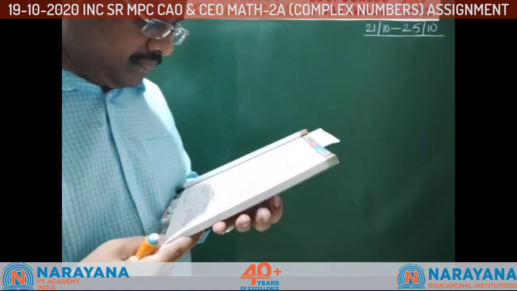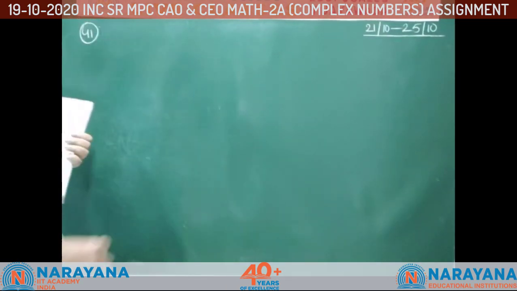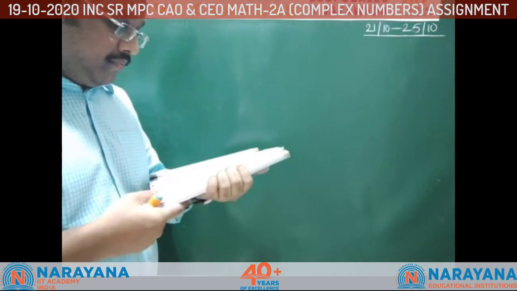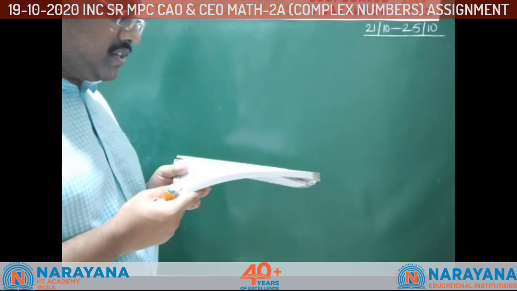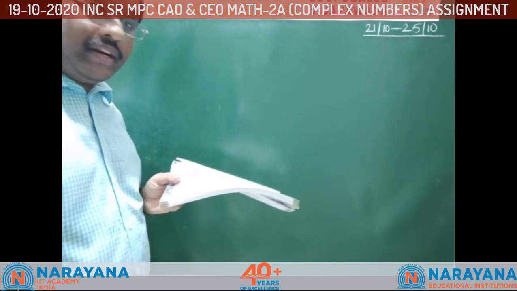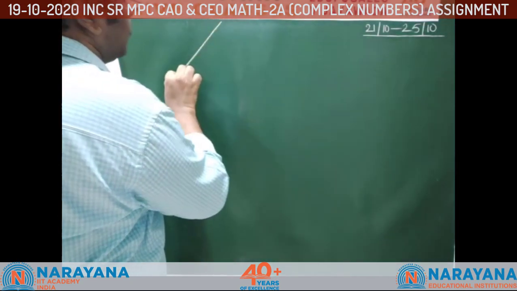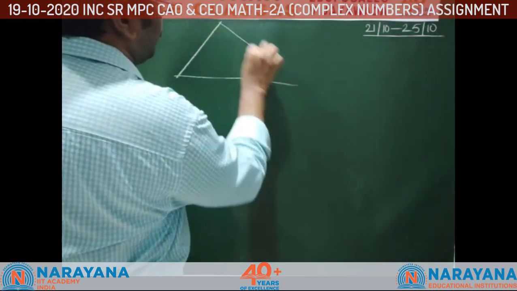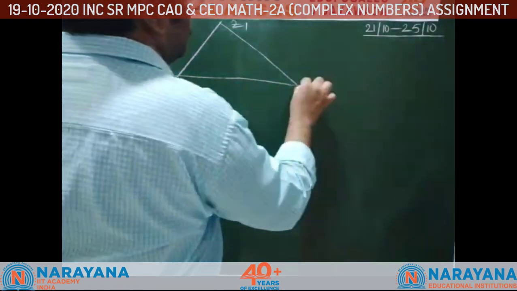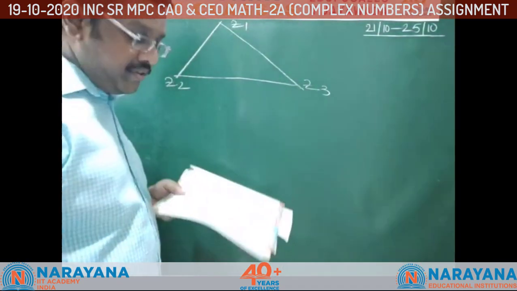Next problem, 41, from level 1. If Z1, Z2, Z3 are the affixes of the vertices of a triangle having its circumcenter at the origin, with these three points we can form a triangle.